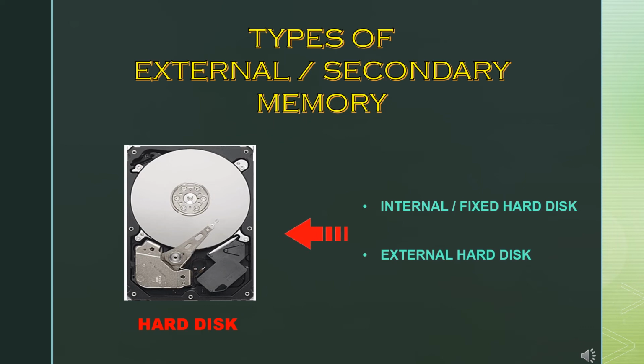Internal or fixed hard disk is fixed inside the CPU, whereas the external hard disk is attached to the CPU through a USB cable and is smaller than the internal hard disk and can be carried anywhere easily. The hard disk can store up to 8 terabyte of data.